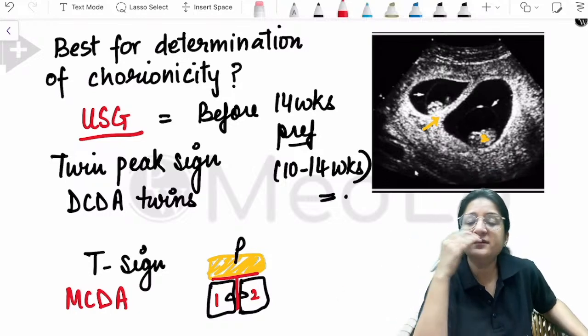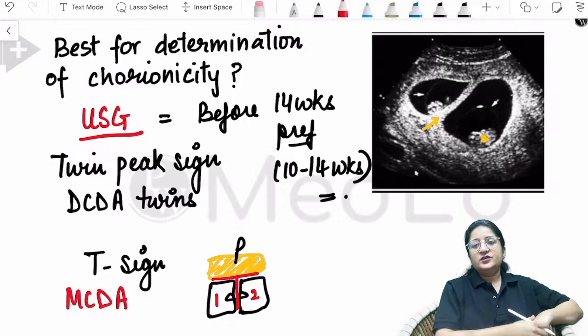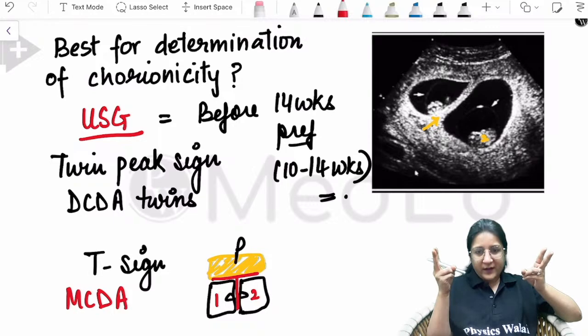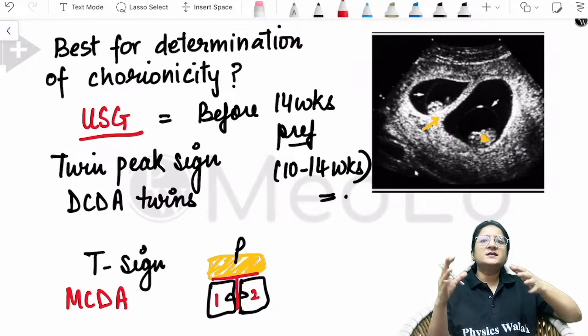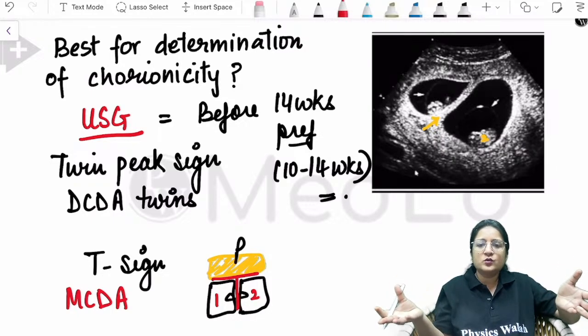Now, what about superfetation? Superfetation is a situation which I remember as one fetus over the other fetus. Fertilization that happens in two separate cycles. It's something that is difficult to understand, because it's not naturally happening in natural pregnancy. It has not been documented in humans so far.